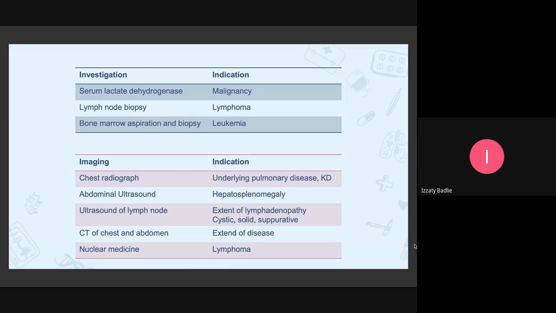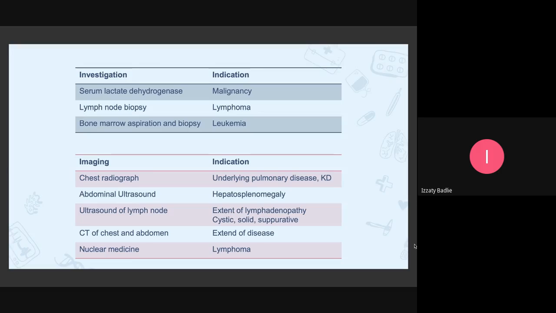So serum lactate dehydrogenase might be increased in malignancy. Lymph node biopsy can be done in lymphoma to differentiate whether it is Hodgkin lymphoma or non-Hodgkin lymphoma, and also bone marrow aspiration and biopsy for leukemia. For imaging, we can do chest radiograph to rule out any pulmonary disease such as TB and also Kawasaki disease.